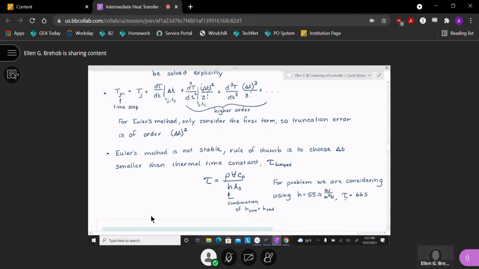Okay. So although I could use something as large as 66 seconds and get a stable solution, it's not going to be very precise because that is a pretty big delta T time step to be taking. So although it's still stable, I still want to consider taking a small enough delta T that I'm going to get a more accurate answer.